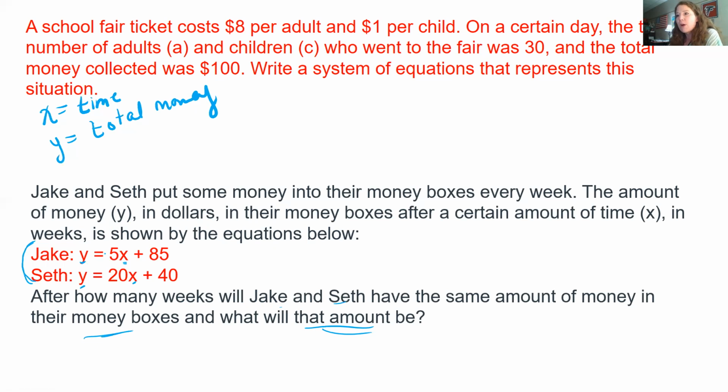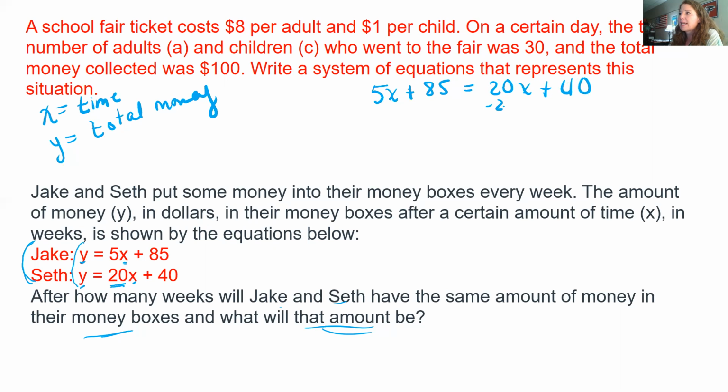All right, so since both of these are already set equal to Y, I'm going to solve this. I could do elimination. I could make that top 5X equal to negative 20X, right? Or since they're both set equal to Y, that means I'm going to set these two equations equal to each other. If they're both equal to Y, that means 5X plus 85 is equal to 20X plus 40.